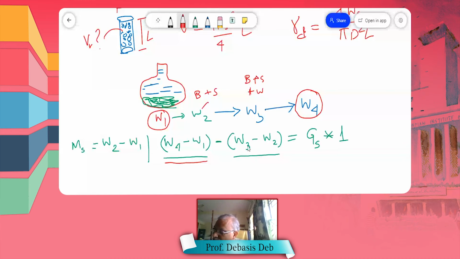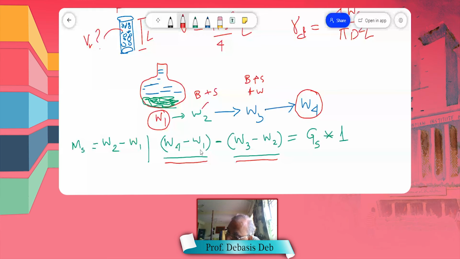So when you do W3 minus W2, this gives me the volume other than the sample, right? Because the water cannot get in there, since there is sample. So it is giving me the rest of the thing.